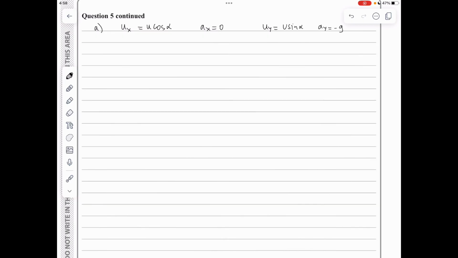I will be using in the horizontal s is ut plus a half at squared. So I will be using the fact that we have a total range in the horizontal of 120 meters.